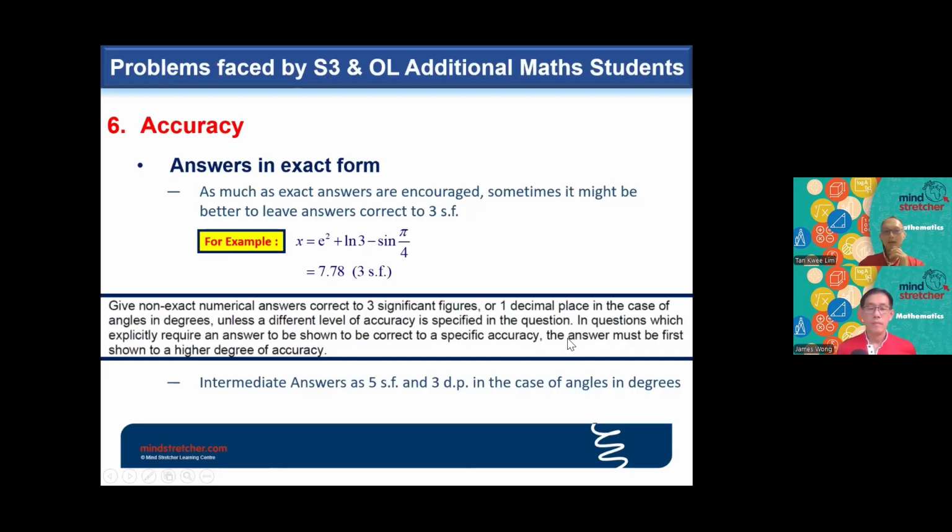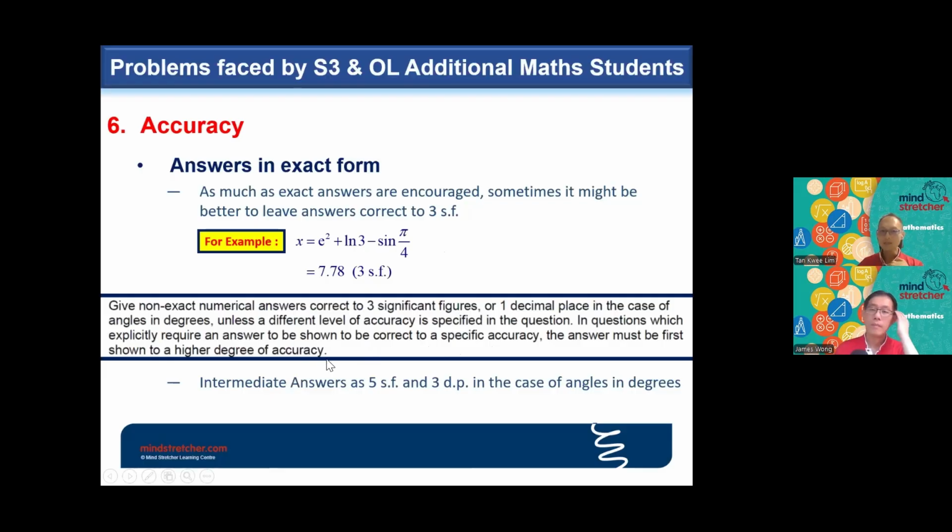Okay, and if the question mentions a specific accuracy, like for example, leave your answer to 3 significant figures, then they will need to show the answer first with a higher degree of accuracy before the final answer, which is in 3 significant figures.